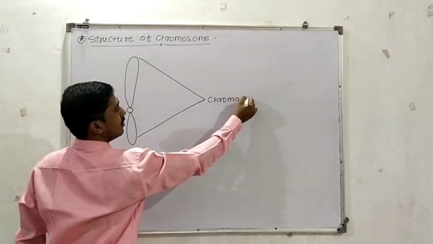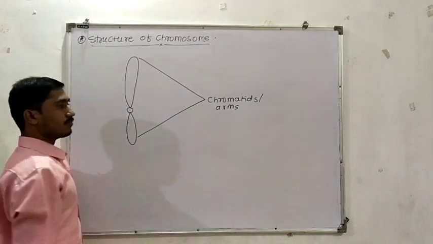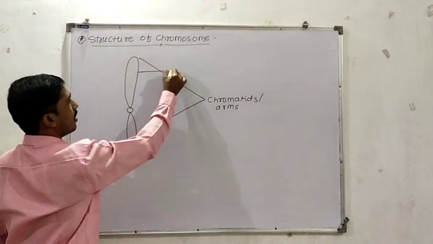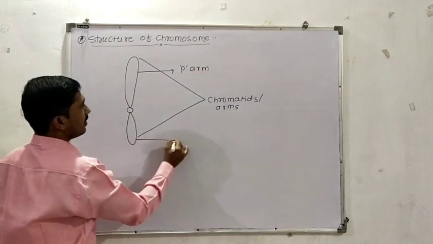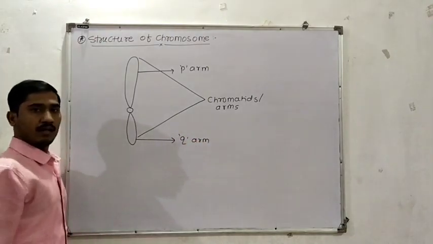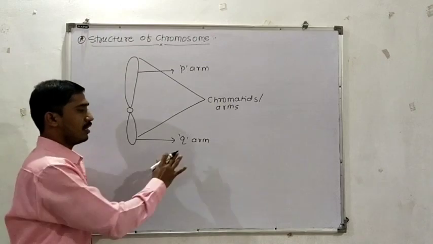Chromatids or arms. Which are these two arms? The first arm is called the P arm. The second one is called the Q arm. Out of these two arms, one is longer and the other is shorter.